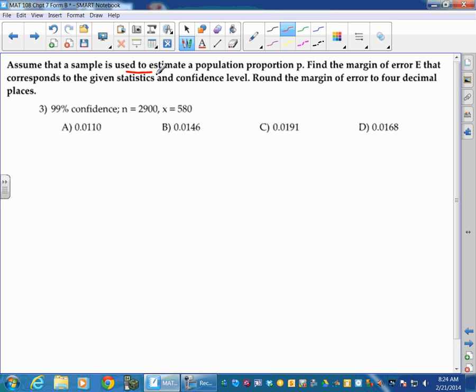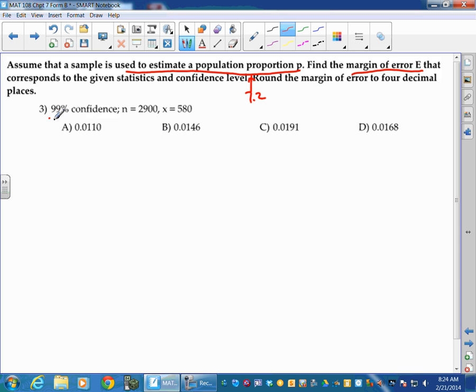Assume that the sample S is used to estimate the population proportion. So which board are we on? 7-2. Find the margin of error that corresponds to given statistics and confidence level around the margin of error to 4 decimal places.